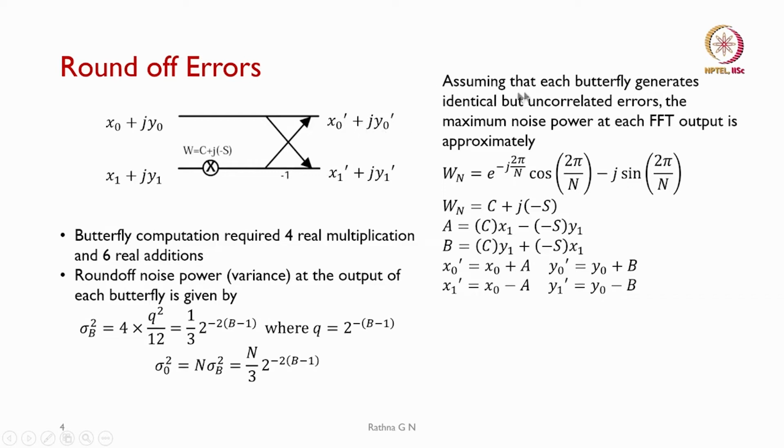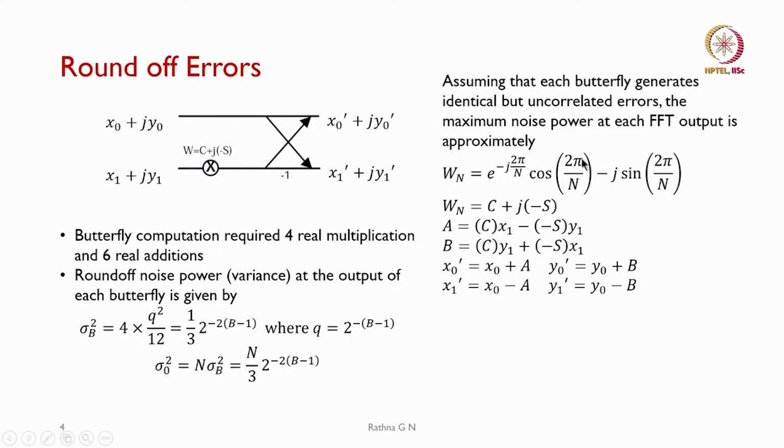We are assuming that each butterfly generates identical but uncorrelated errors. The maximum noise power at each FFT output is approximately given as equivalent to our Wn, which is e power minus j 2 pi by n, nothing but cos 2 pi by n minus j sine 2 pi by n.